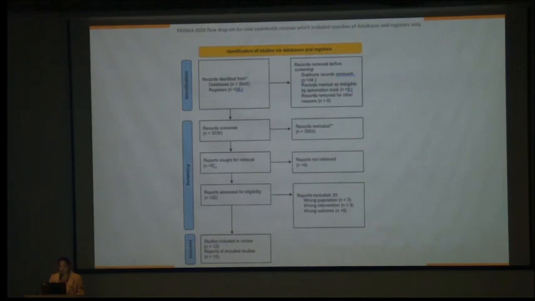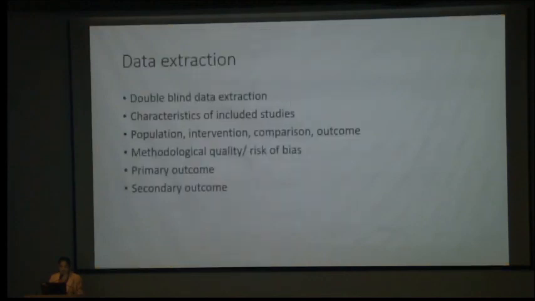Then how many did you retrieve for full text screening, and how many were ultimately included, along with the reasons for exclusion at full text screening. So this has to be described, which is why you have softwares, and I'll name the softwares later on, that can help you with the screening process. They will actually produce this diagram for you if you haven't been able to document the results in an Excel file or something else.